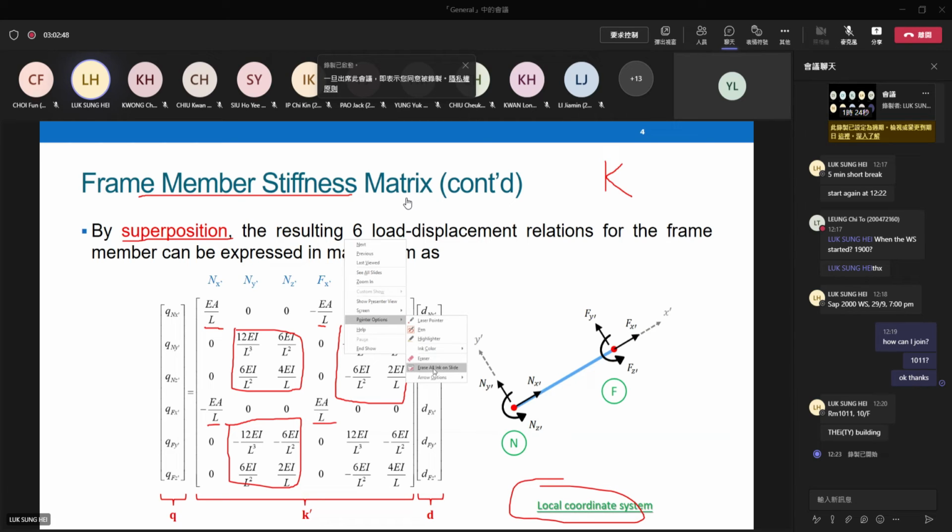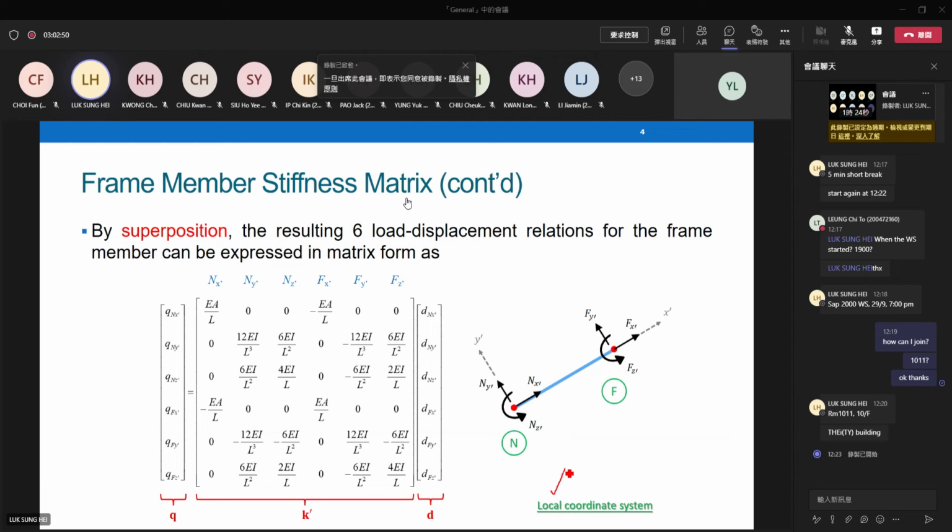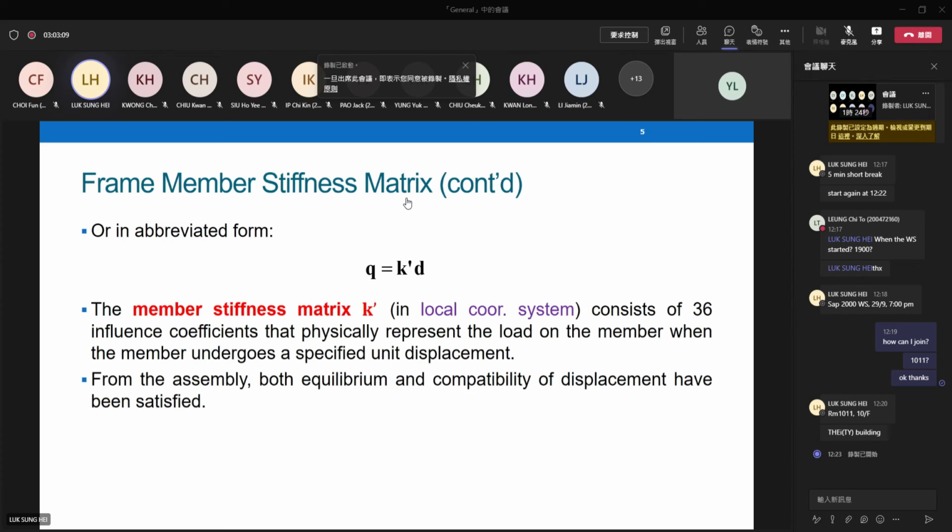The local system is not easy to apply because if you have different frame members, inclined frame, horizontal frame, vertical frame, you cannot combine the matrices together. They have different orientations. That's why we have the so-called transformation in the second section. Anyway, here is the local equation.